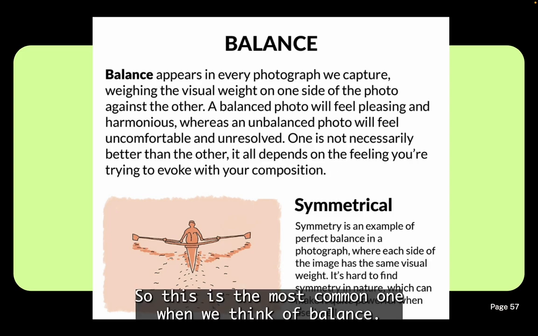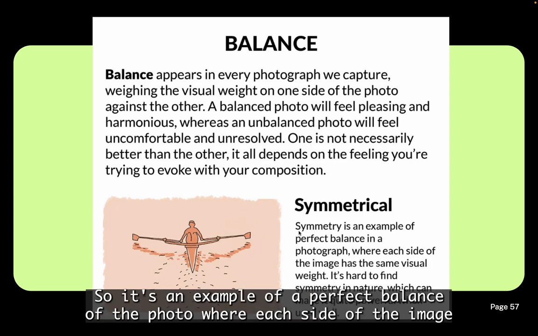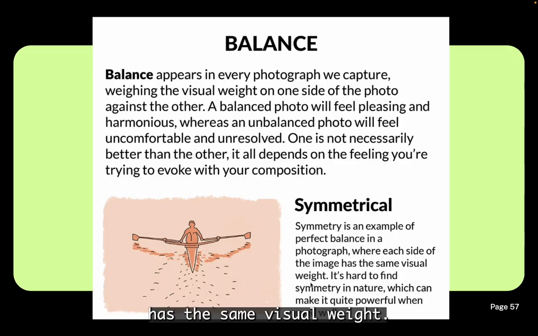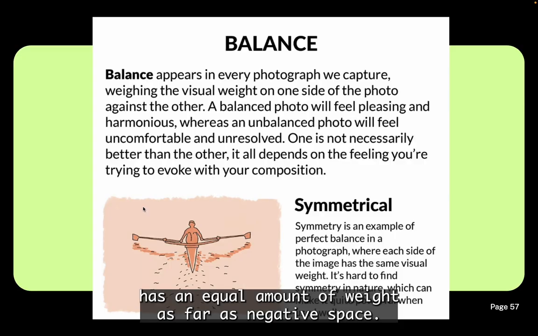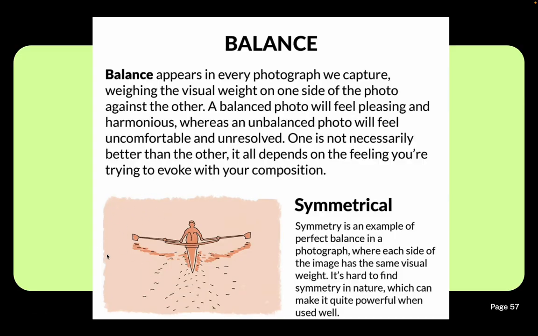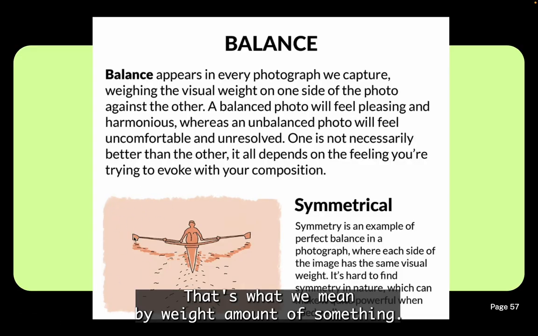So this is the most common one when we think of balance. It's an example of a perfect balance of the photo where each side of the image has the same visual weight. So visual weight means amount of object. So if we draw this imaginary line, each side has an equal amount of weight as far as negative space. See how there's a lot of it? That's what we mean by weight, amount of something.